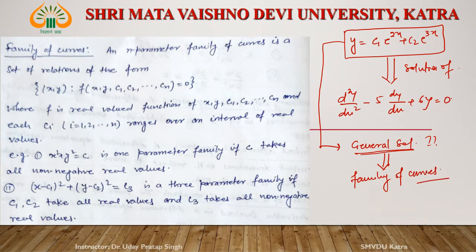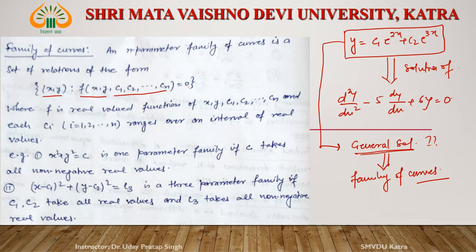What is a family of curves? Let us see by some example. An n-parameter family of curves is a set of relations of the form f of x, y, c1, c2, ..., cn equal to 0. Okay. So this is called an n-parameter family of curves.